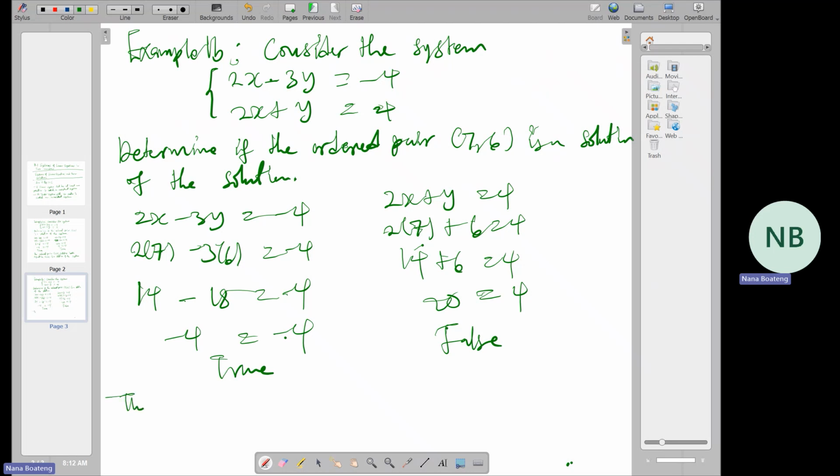So the ordered pair 7, 6 fails to satisfy both equations.